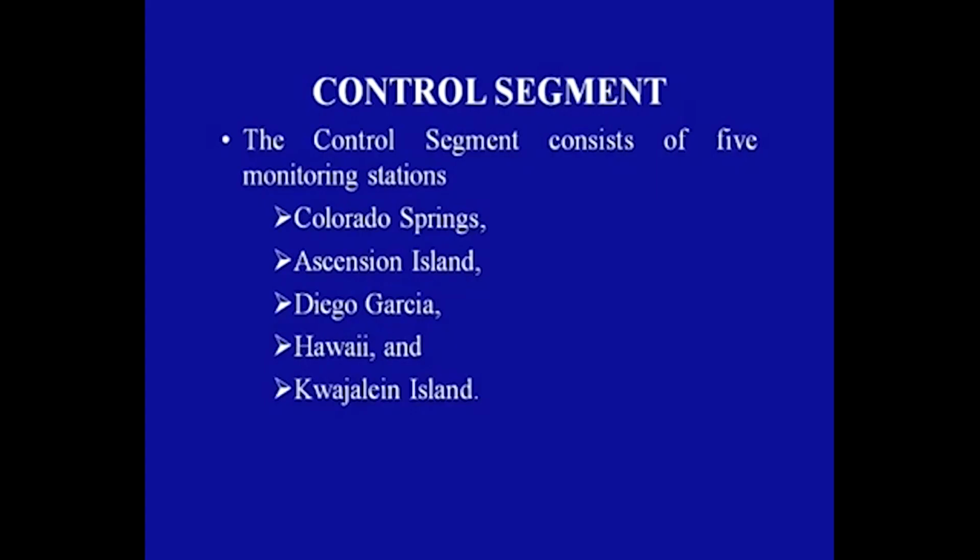The first segment is the control segment. The control segment consists of 5 monitoring stations, that is Colorado Springs, Ascension Islands, Diego Garcia, Hawaii and Kwajalein Island. This particular slide shows the location of all the control stations.